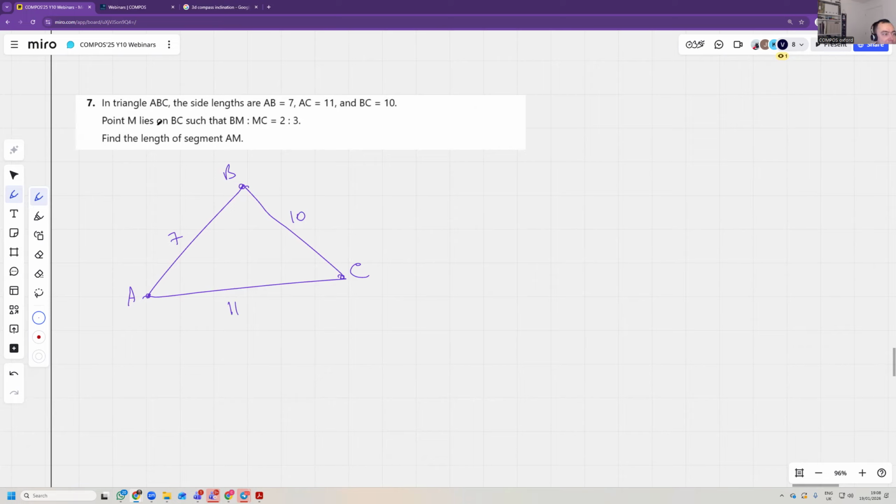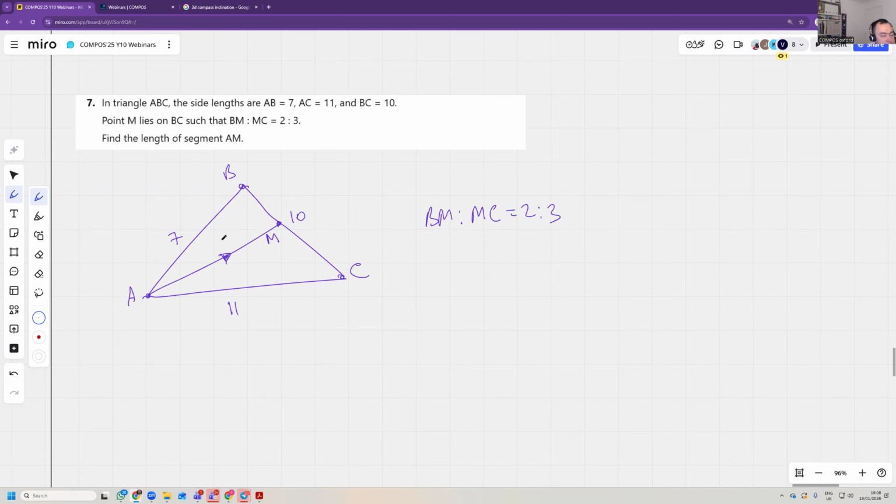Point M lies on BC such that BM to MC is 2 to 3. Find the length of AM.